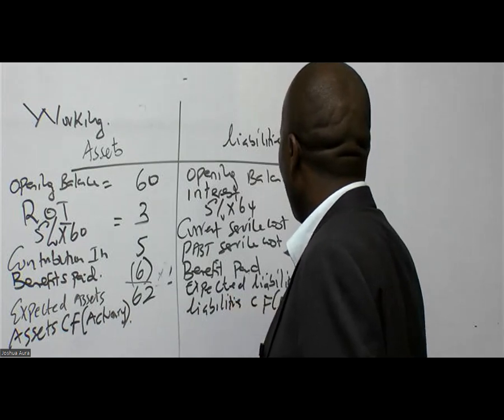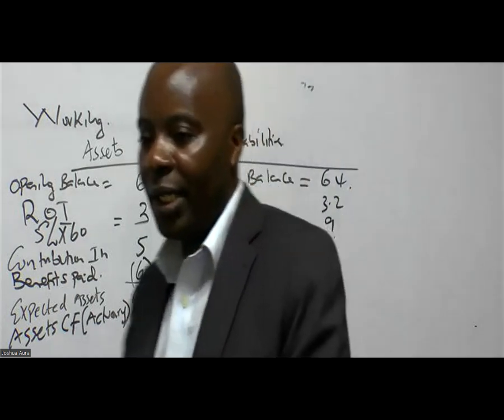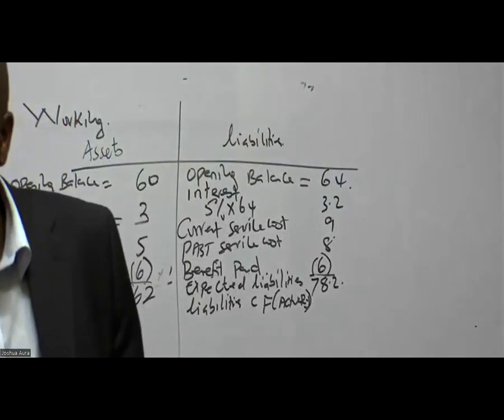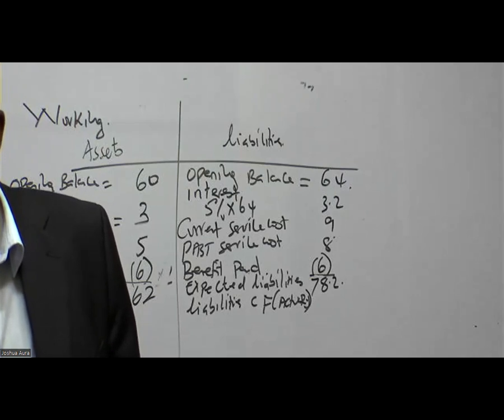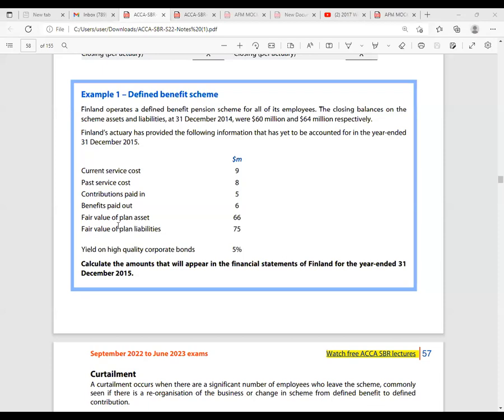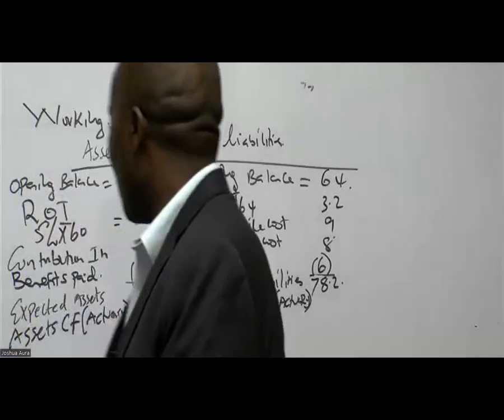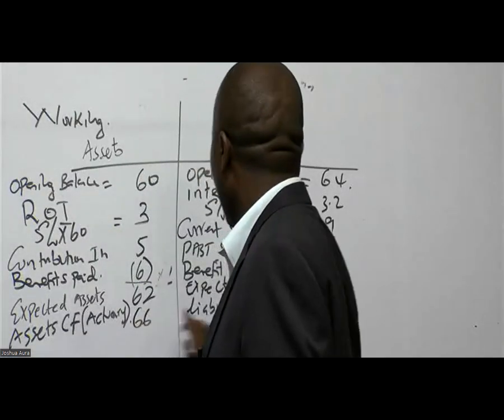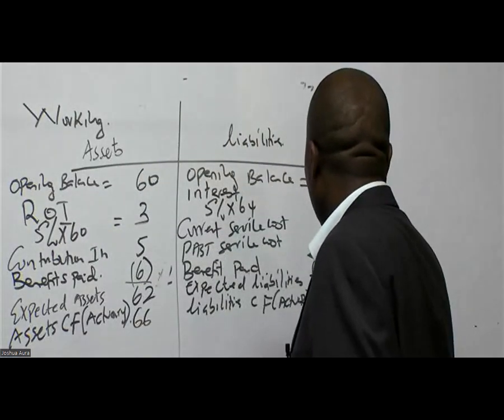These must be given to you by the actuary. So you can see the plan assets here were 66 and 75.